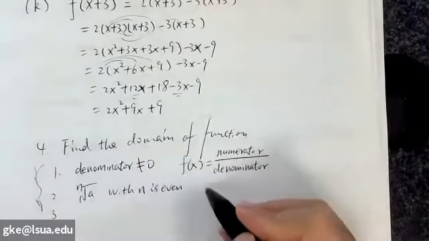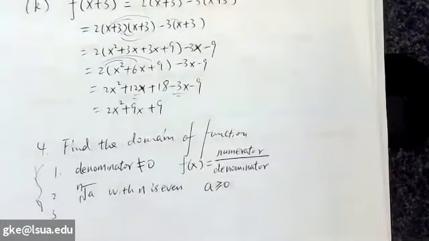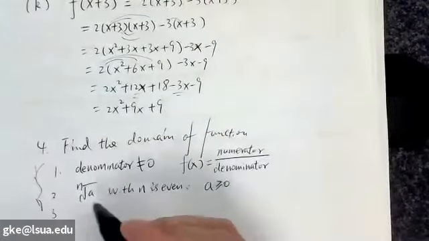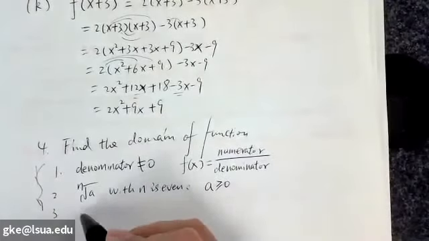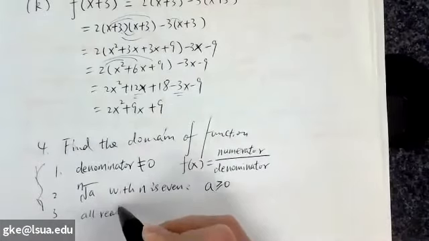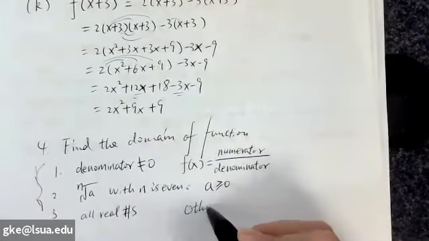That means the radicand a is always greater than or equal to 0. Otherwise, the domain is going to be all real numbers.